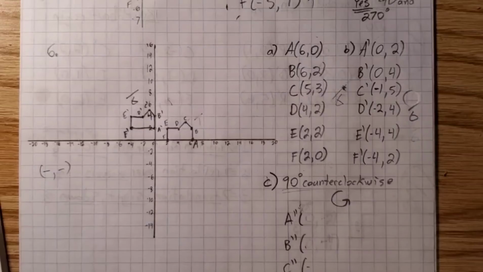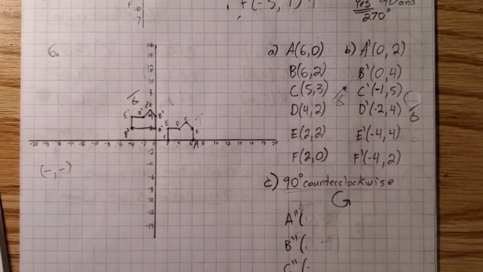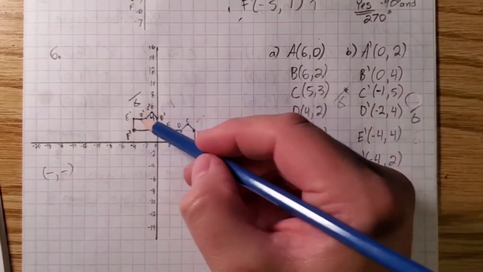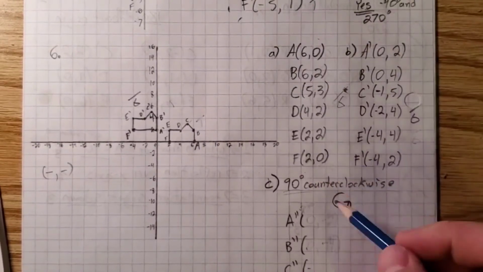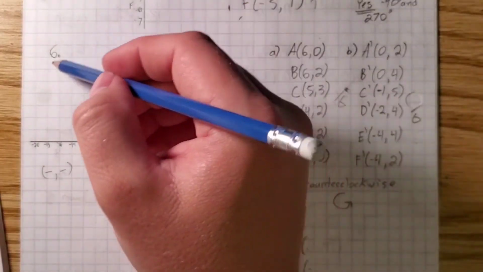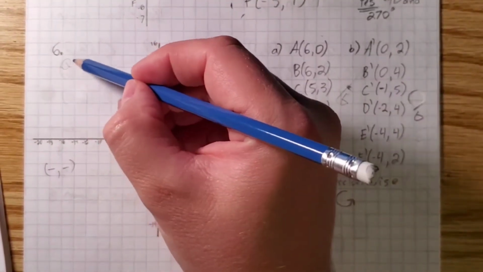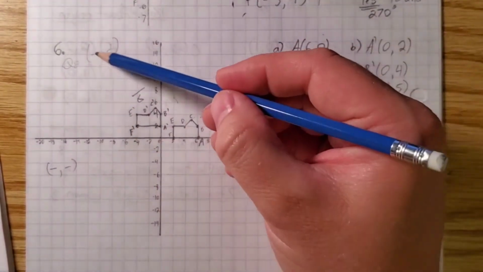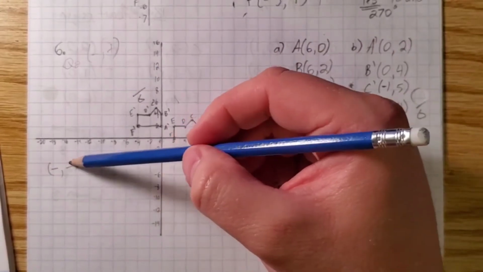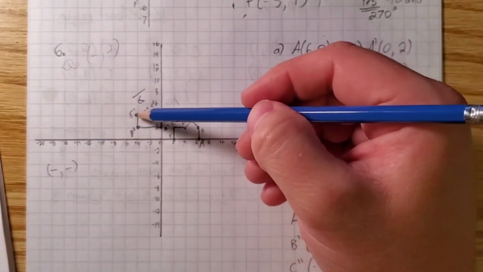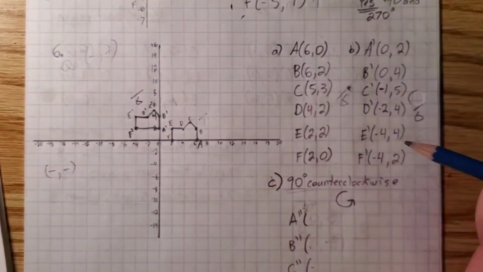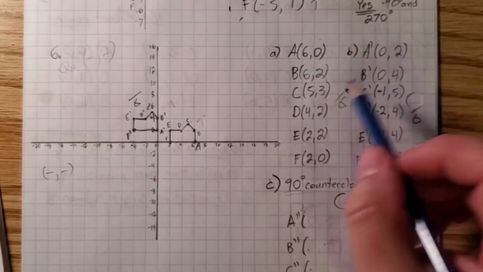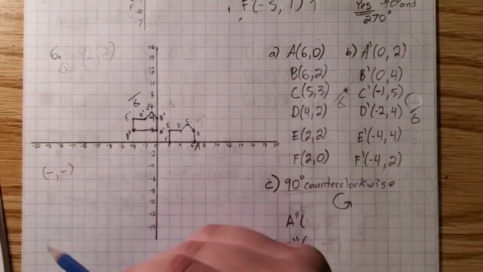So for part C, we're going to rotate the image polygon. So that's this one. It's not this one. We're rotating this one 90 degrees counterclockwise, which means a rotation like this. It's going to move from quadrant 2, which has negative, positive as its x and y's. So now it's negative, negative, it's moving to 3, right? It's moving 90 degrees. And remember our rule, we take our coordinates, we switch them, and then we make them both negative in quadrant 3.